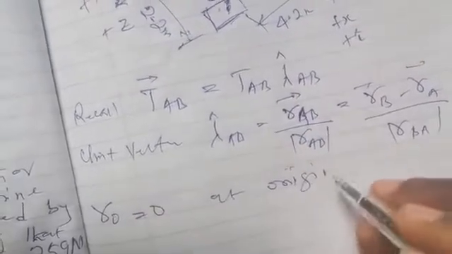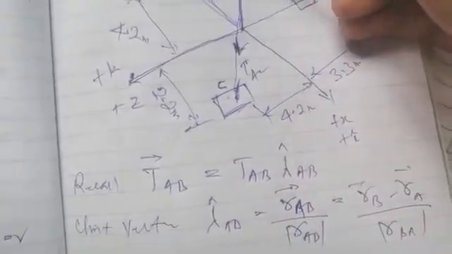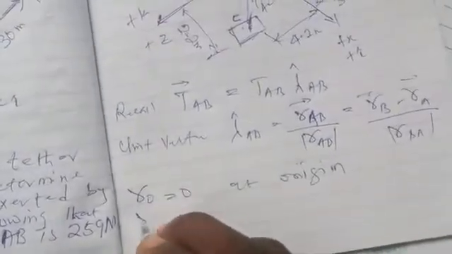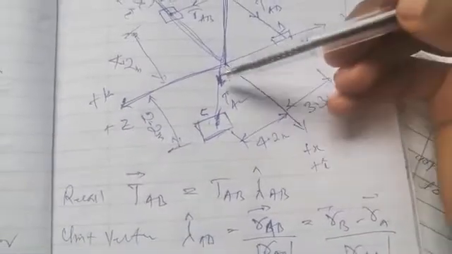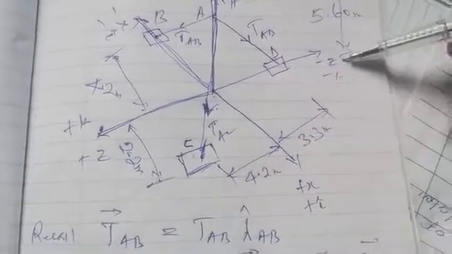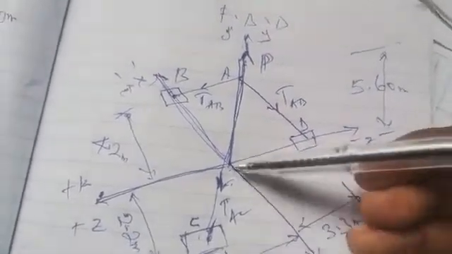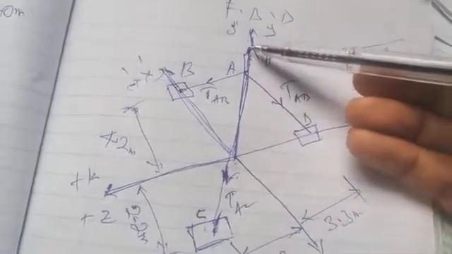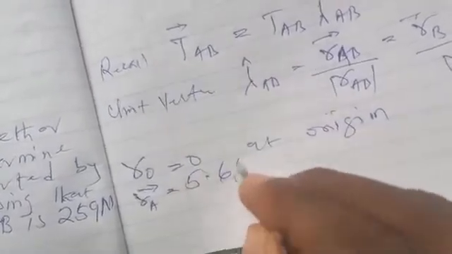Now we move from O to locate point A. Point A is vertically upward, and the distance to point A is simply the height, which is 5.6. Since you're moving vertically upwards in the positive J direction, RA is 5.6 J.